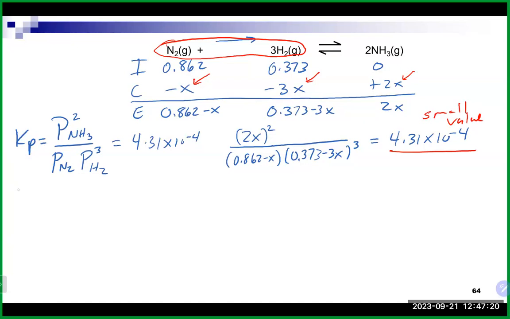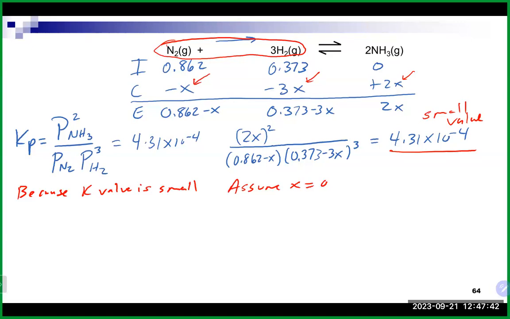Because the K value is small, we can assume that x is equal to 0 because it's going to be relatively small and negligible. We clearly cannot assume all x's are equal to 0 because we have nothing to solve for at that point.